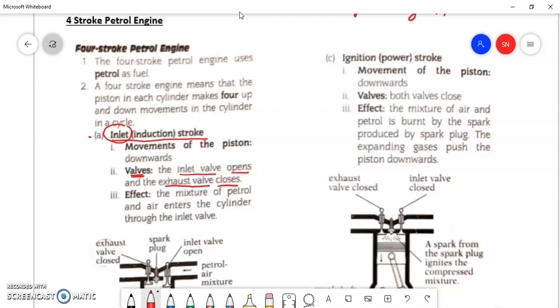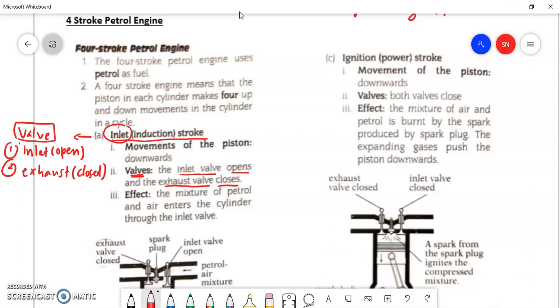So for this stroke, first thing is the valve. Two valves we have, inlet and exhaust. The inlet valve is open in this stroke and the exhaust valve is closed.